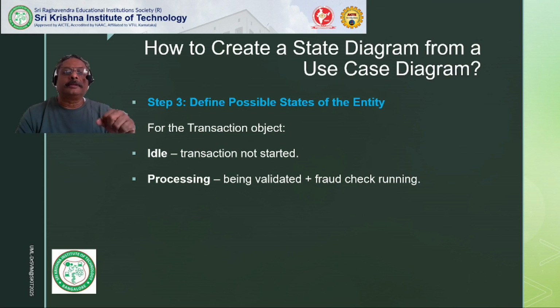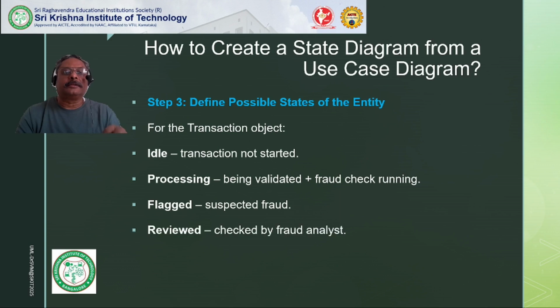Two things happen in parallel. Then it goes to the flagged state if we find that the transaction is fraudulent. If there is suspected fraud in the transaction, then it reaches a state called flagged, and then there is another state, reviewed, that is checked by the fraud analyst.